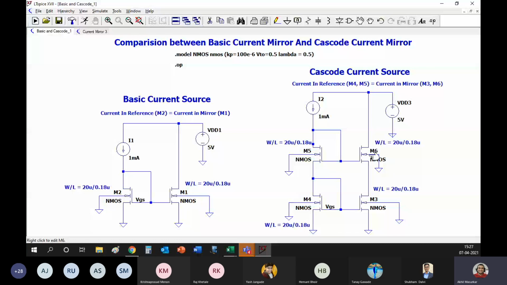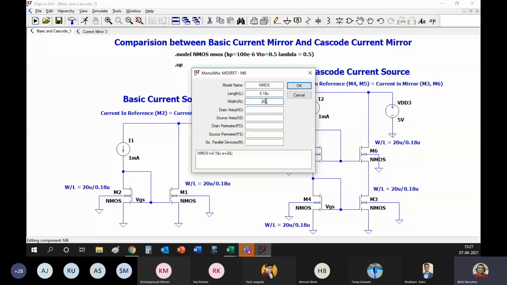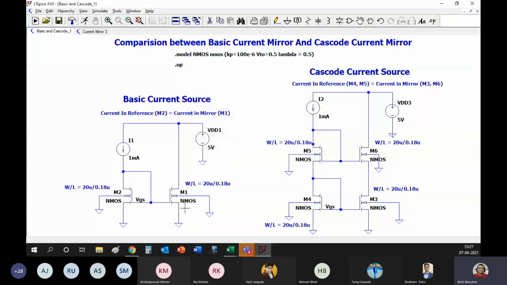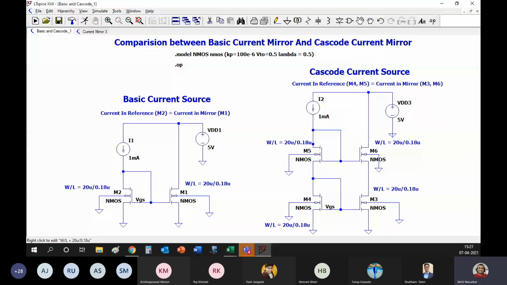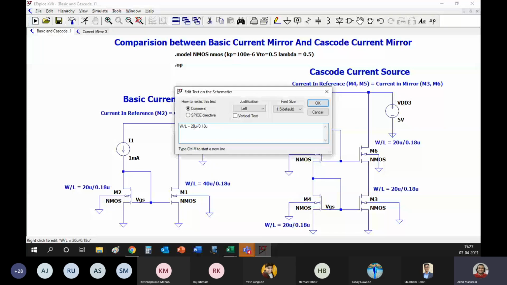Now here also M3 and M6 will change to 40. So accordingly you change the nomenclature also. So here this would become 40, and in this 40 again.